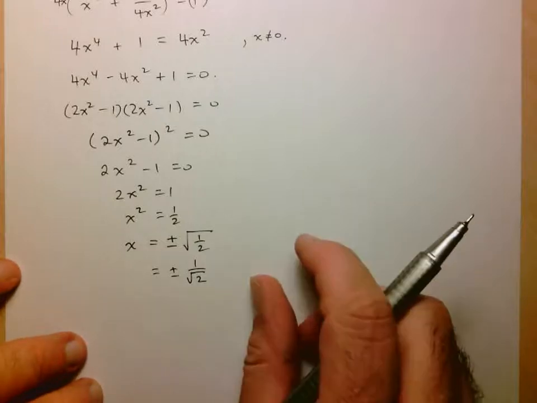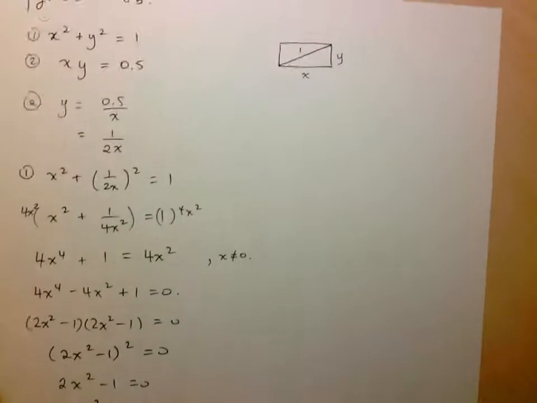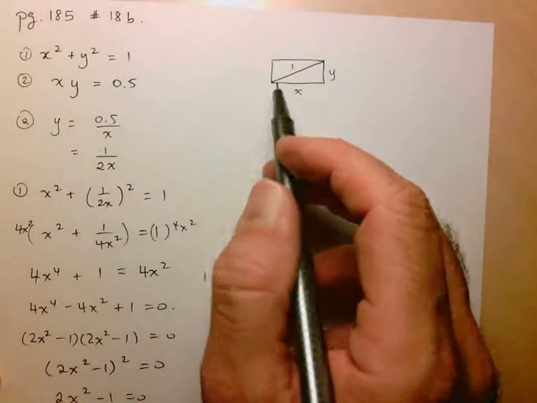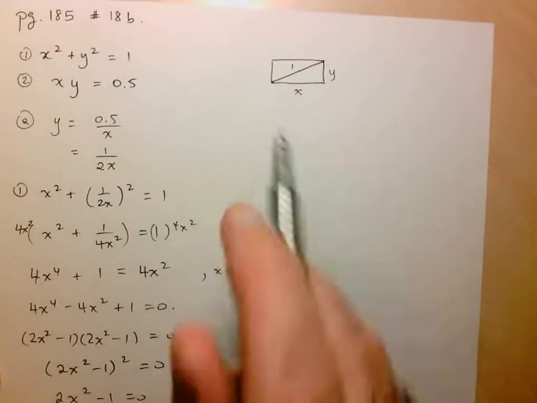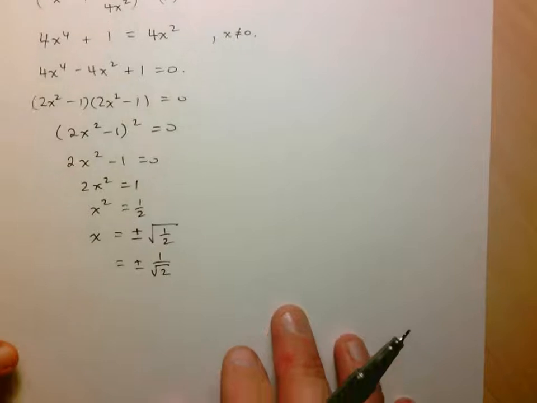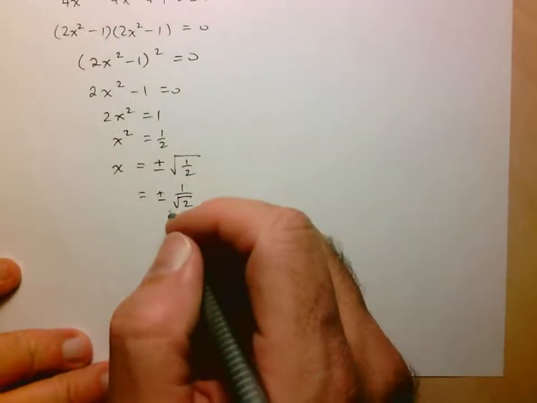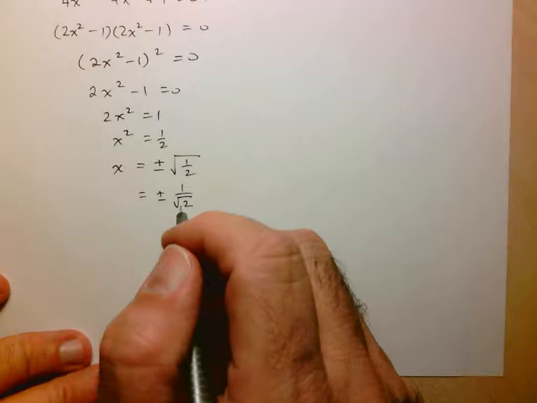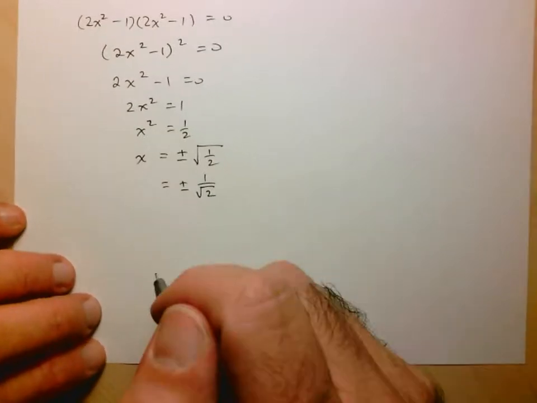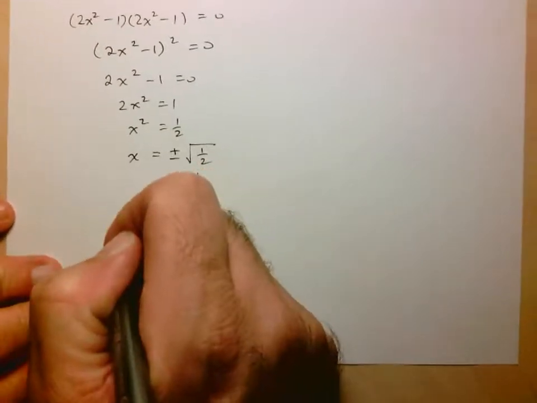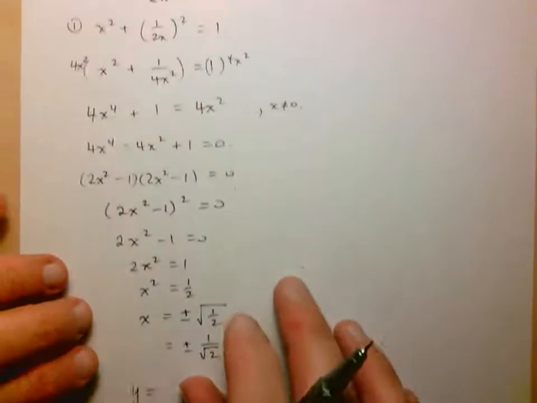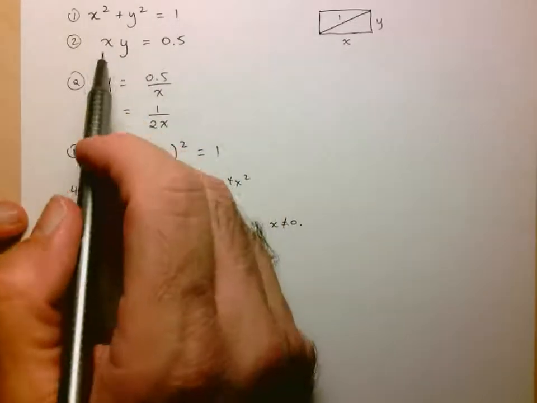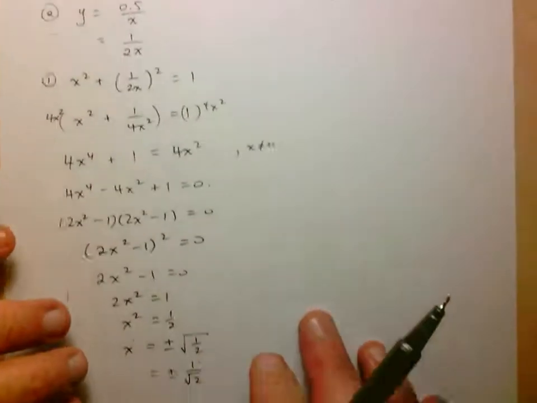It's not too important. If I was relating this to the geometry problem, I wouldn't be including x equals negative 1 over root 2, because I wouldn't be accepting negative answers. But since this was posed as a straight math question, I have to consider both answers. Now I can just solve for y. Again, I'm going to use the easiest of the equations: y was 1 over 2x.